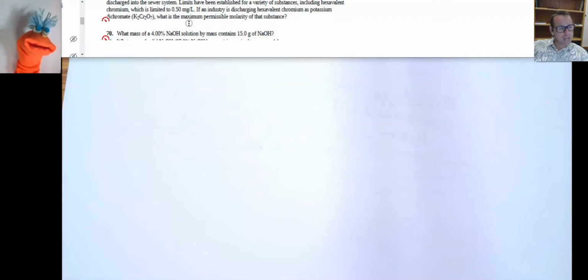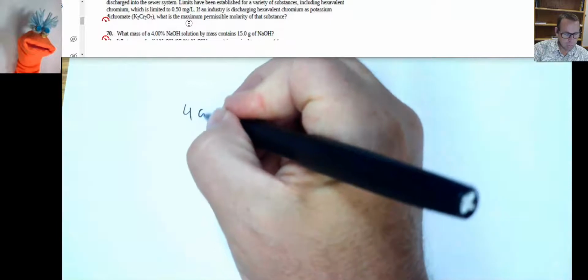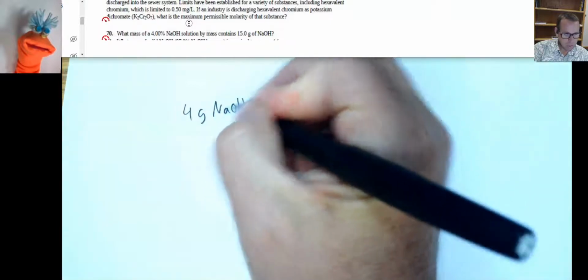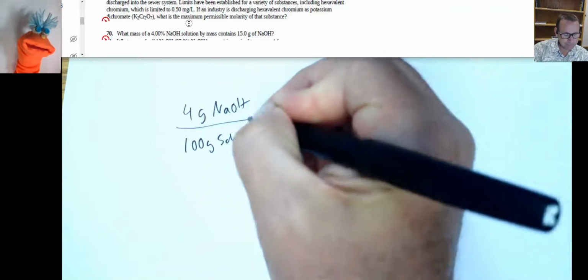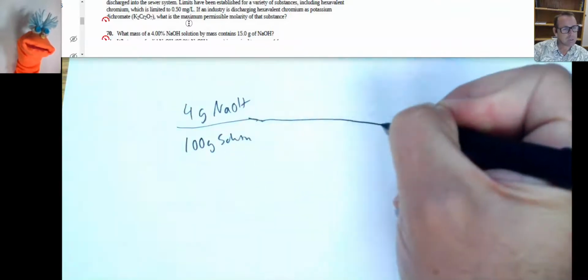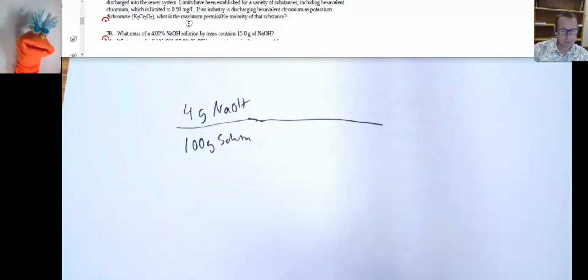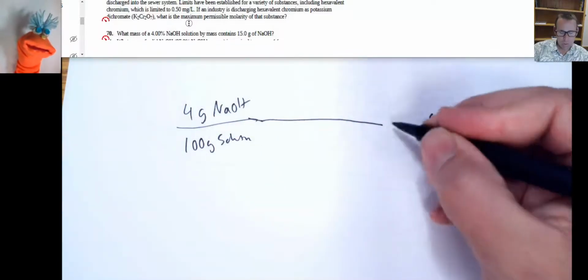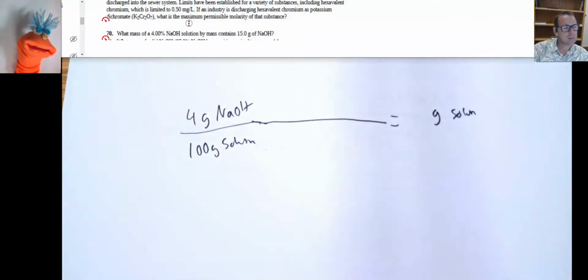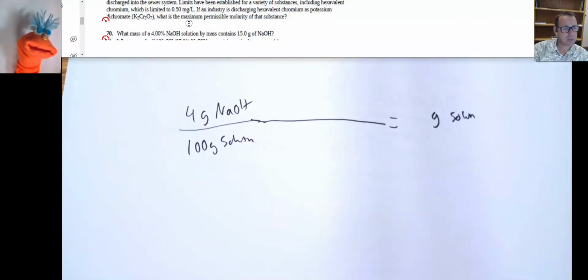But 4% means 4 grams of sodium hydroxide for every 100 grams of solution. And we would like to know what mass of that solution, so grams of the solution, contains 15 grams of sodium hydroxide.